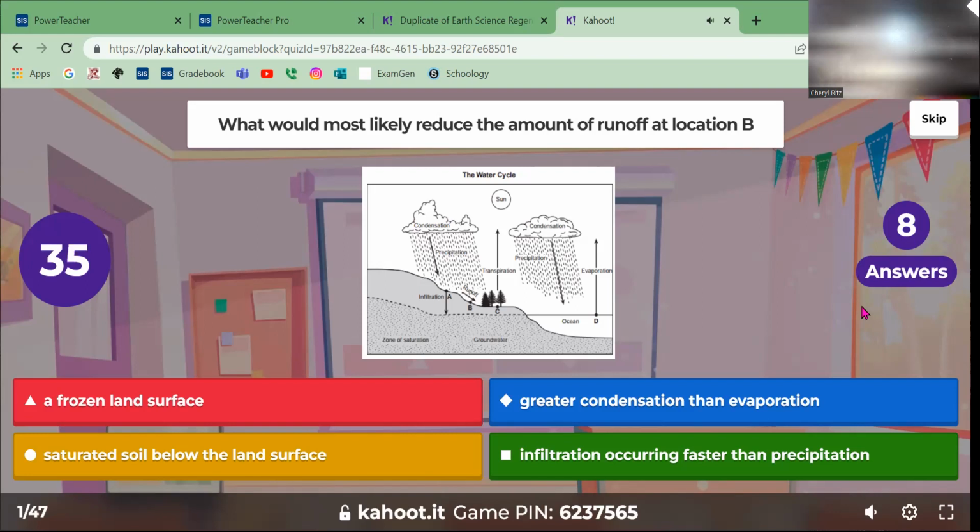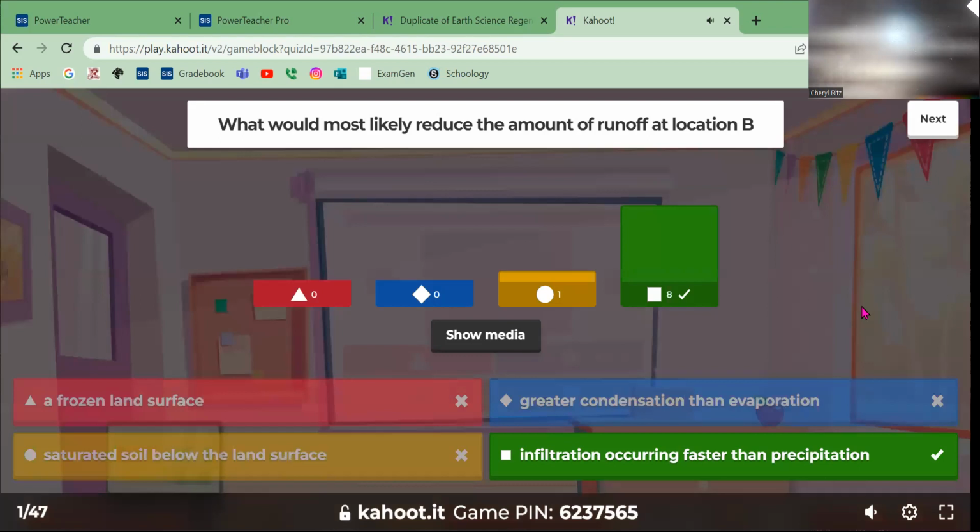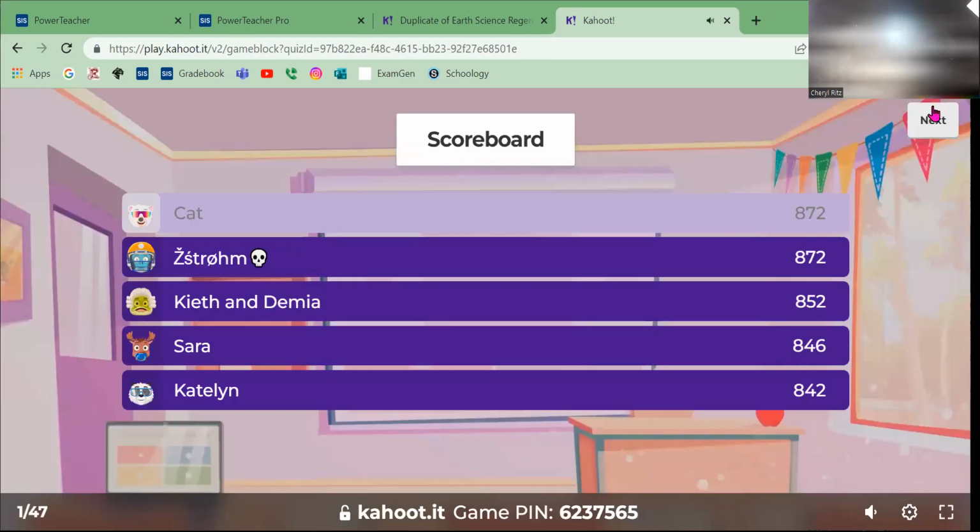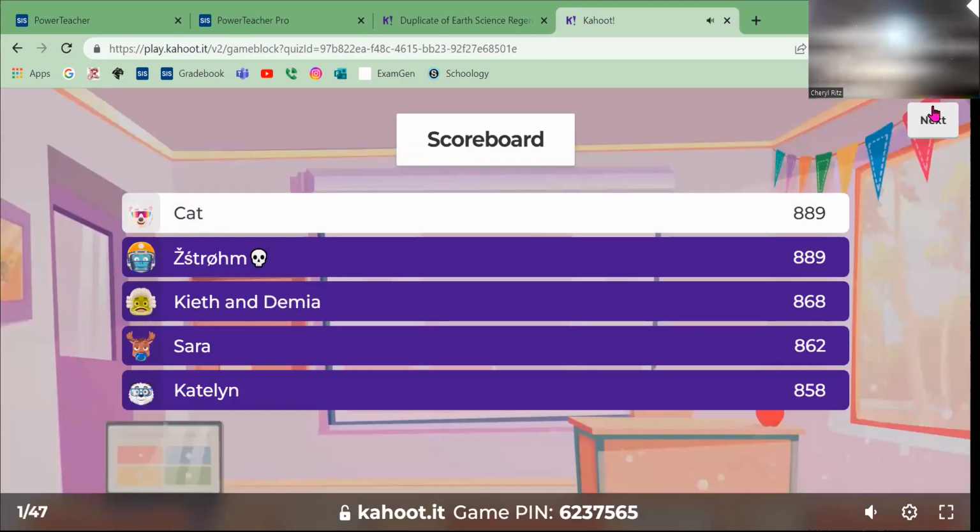This was an exact test question. Great job. So if the ground was saturated, that means more water couldn't go in, so you'd end up with more runoff then. There's been a request for me not to speak, so read your own questions, I guess.